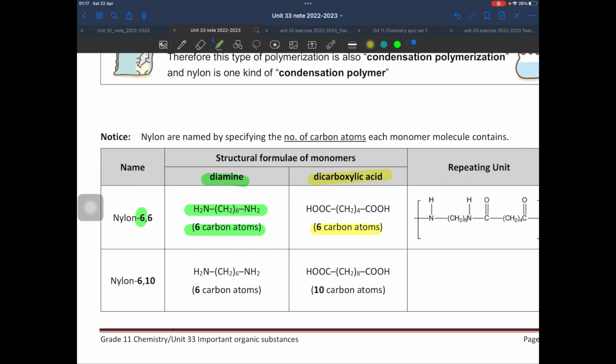When there are 6 carbons in the molecule, now here please pay attention. In the middle there are 4, and then the 5th and the 6th one. Altogether there are 6 carbons in the dicarboxylic acid. So we label another 6 in the name. So if nylon is formed between these two monomers, we call it nylon 6,6.